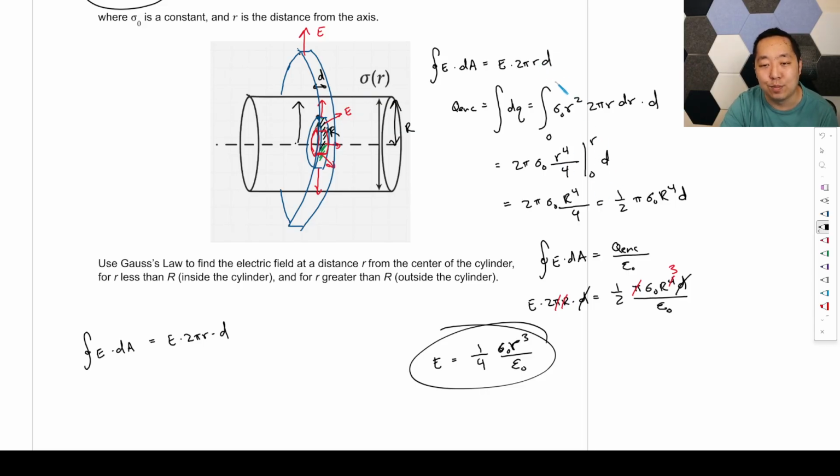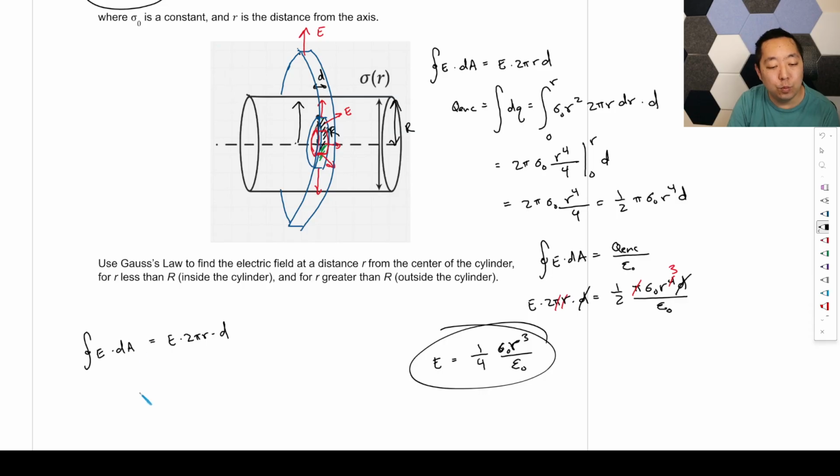We're just integrating to r, because in this shell we only went out to little r. We didn't go out to the edge of the cylinder. So we'll make those little r again. Sorry if that's confusing. I kind of messed up on the variables that we're using. Those are little r, like that.